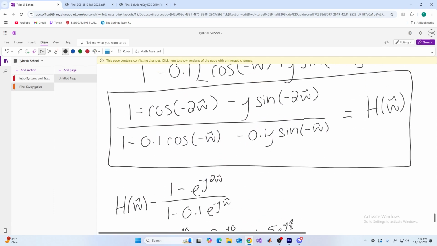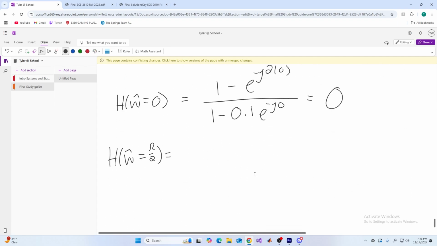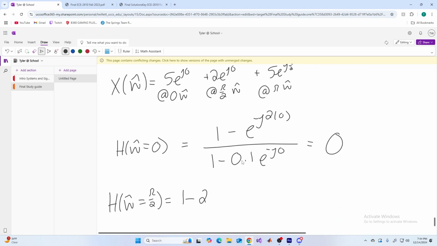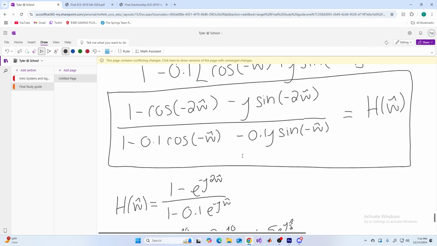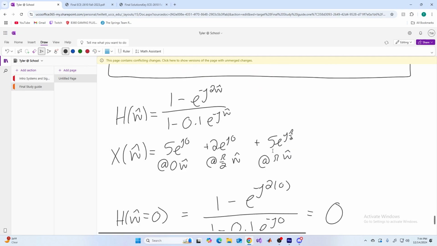So we're going to get 1 minus the cosine of negative 2w hat. So we're going to have 1 minus, I'm going to double check that. 1 minus the cosine of 2, and my w hat is pi over 2, minus j sine, and this is 2w hat as well.